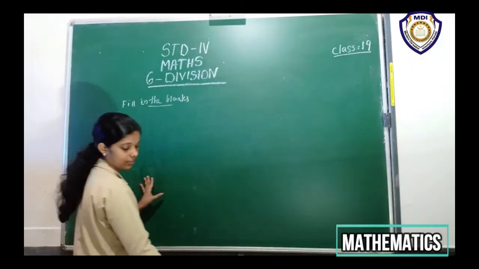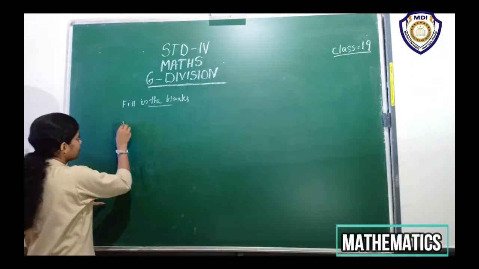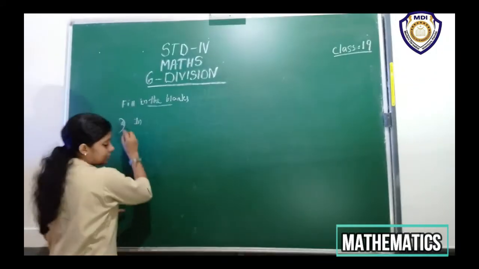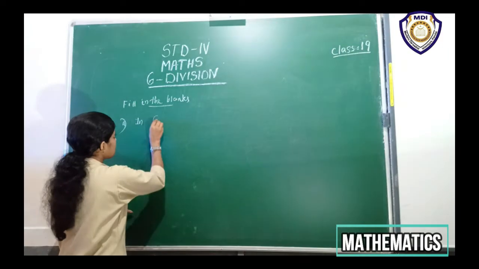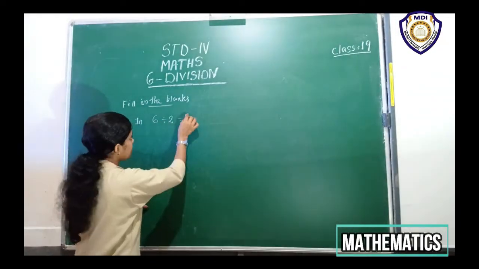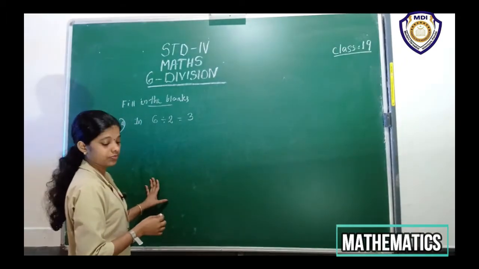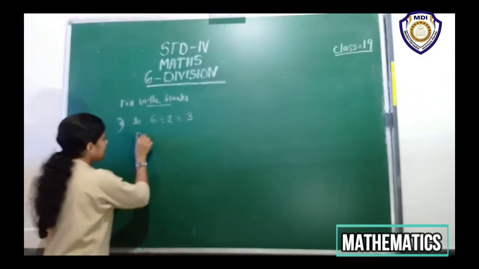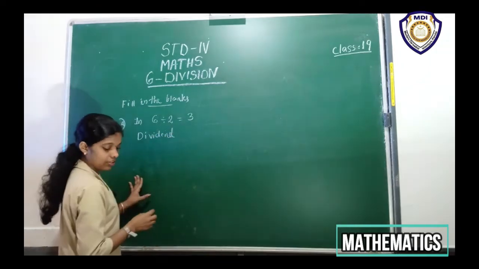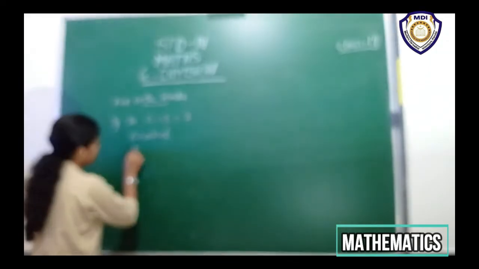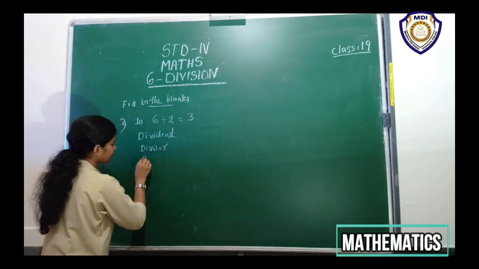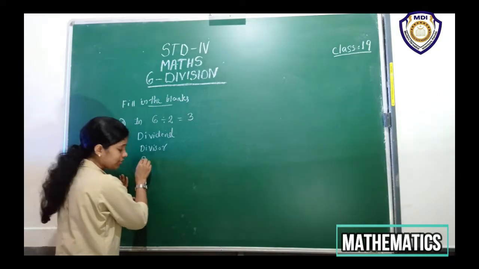First one A, in 6 divided by 2 equal to 3, we find out the dividend, divisor, and quotient.